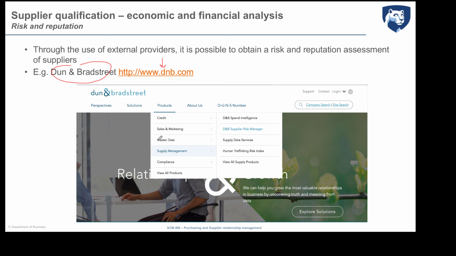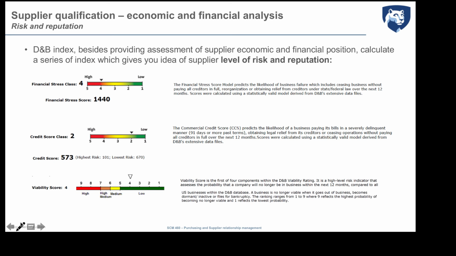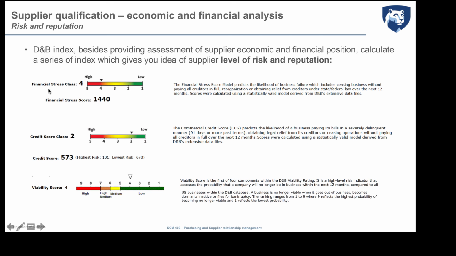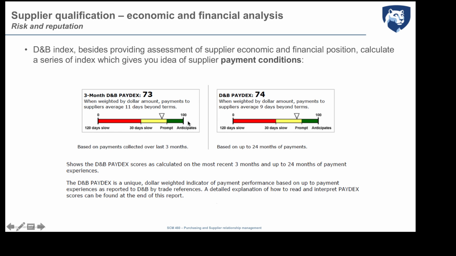In particular, as we can see in each report, D&B calculates some indexes like the financial stress class, the credit score class, the viability score, and this is the description of these indexes, and the Paydex index on 3 months, 9 and 12 months, and 24 months, in order to assess again the financial, credit, and viability condition of the supplier and its payment condition.